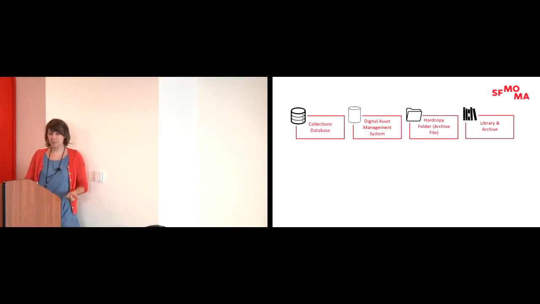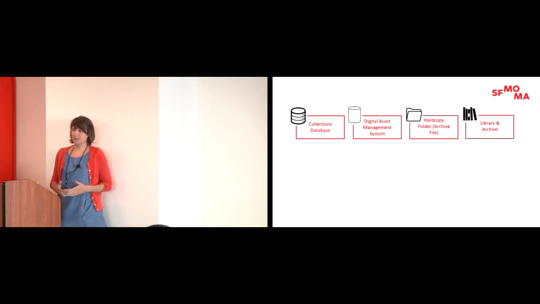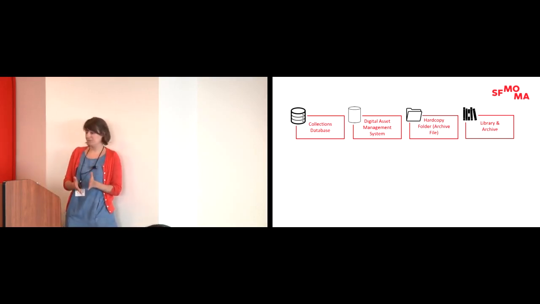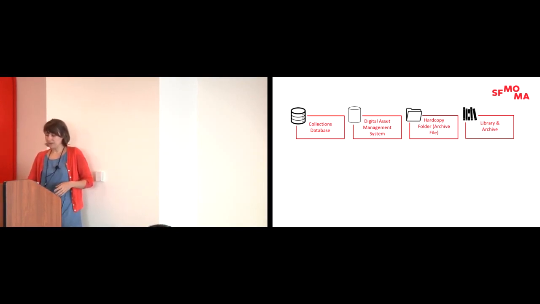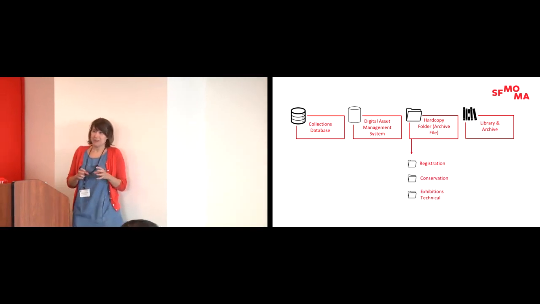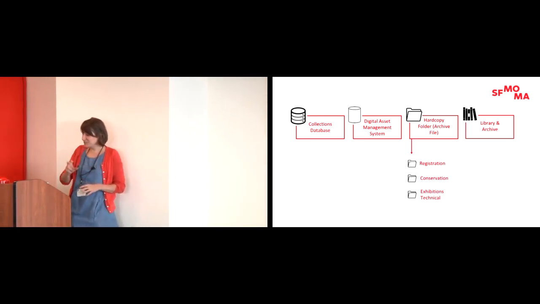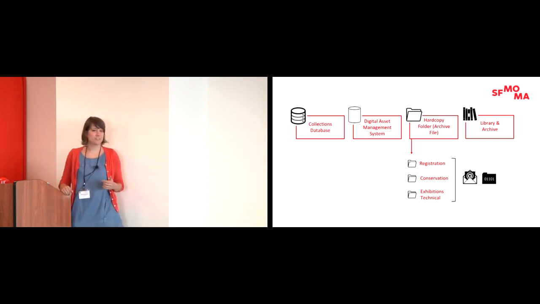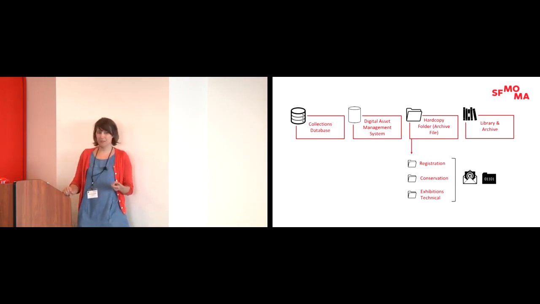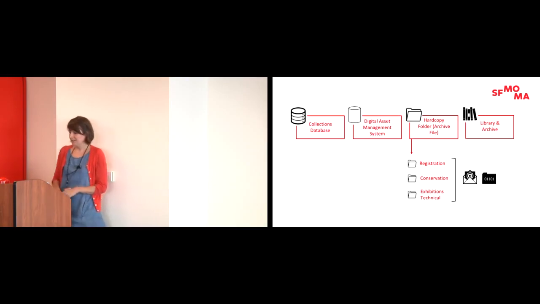And we have a digital asset management system that holds all our images and videos and documents that are being generated. And then every department, in addition to that, has hard copy folders. And then we have our library and the archive. So again, each department has these hard copy folders, plus a lot of information is in emails and in digital folders that the museum has.